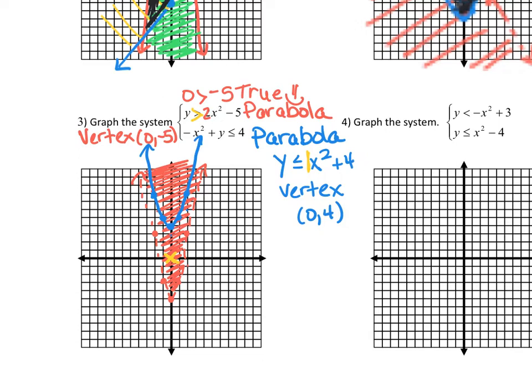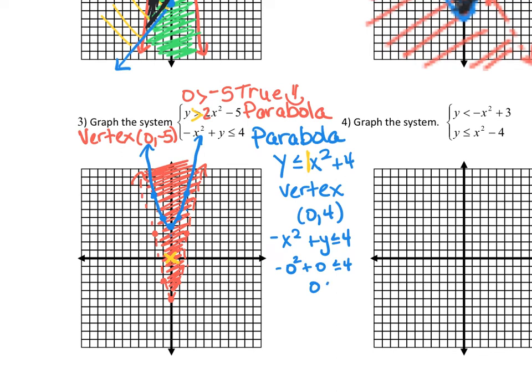It's always best to go back to the original inequality when you test your points. So I'm going to rewrite negative x squared plus y is less than or equal to 4 just so I have some room. And I'm going to plug in 0 for x, and that cancels to 0, plus 0 for y is less than or equal to 4 is the question that I have.